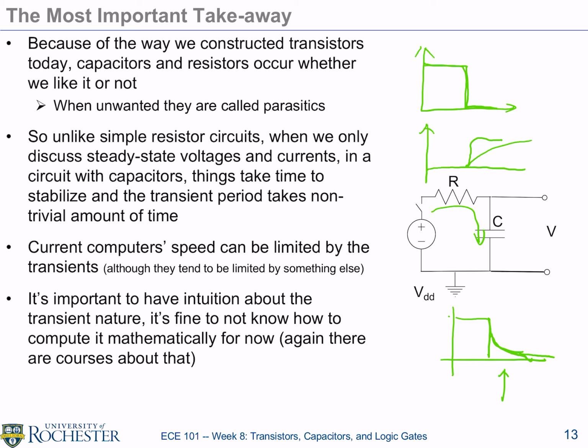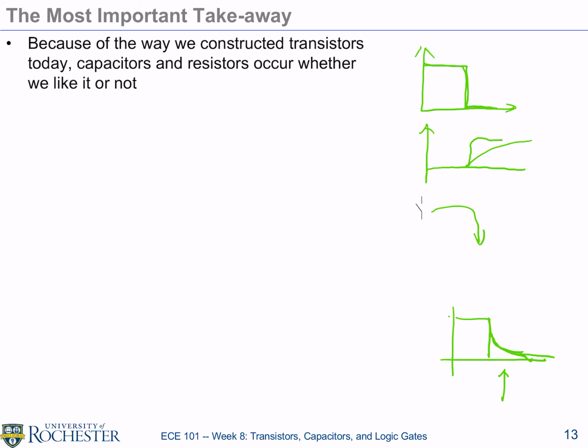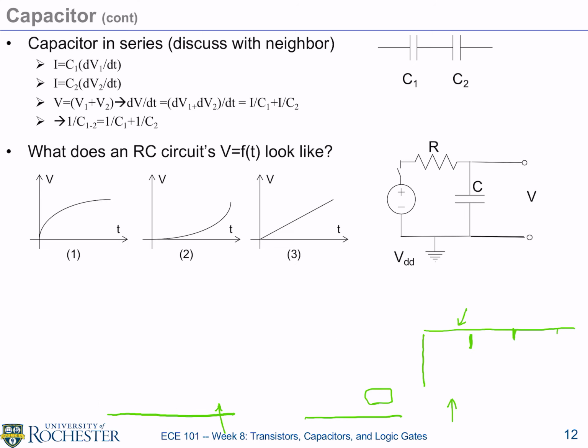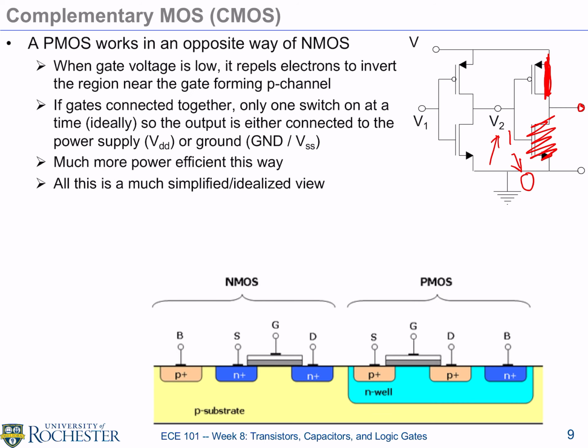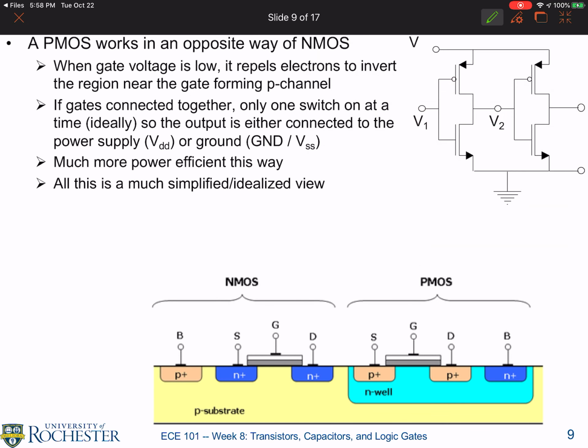Anyway, the most important takeaway is these transistors are not ideal, and therefore from one stage to another, if we go back to the logical view much earlier on, if we have one stage, it changes.